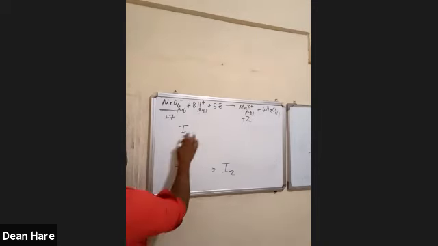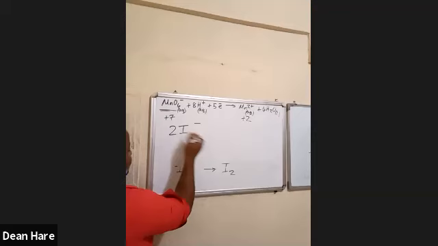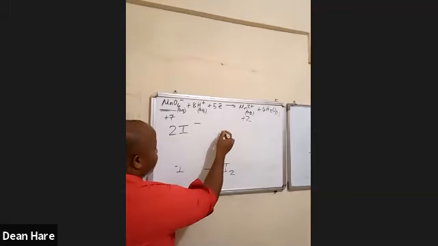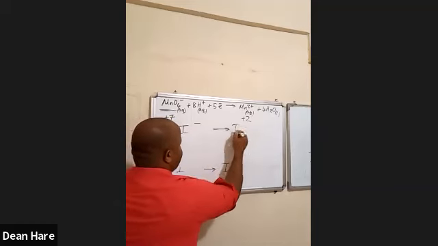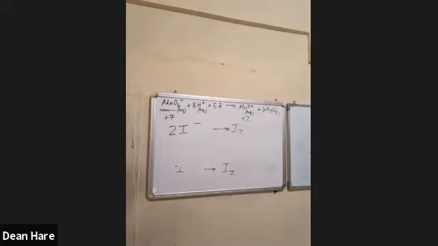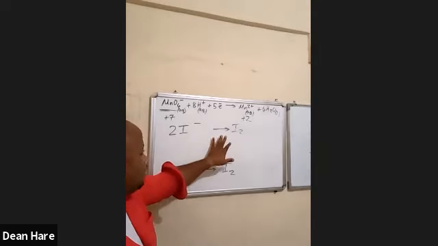So it's 2 iodide ions, and in the molecule, how will we end up with I2? Remember, it's a redox half equation. So what is missing?